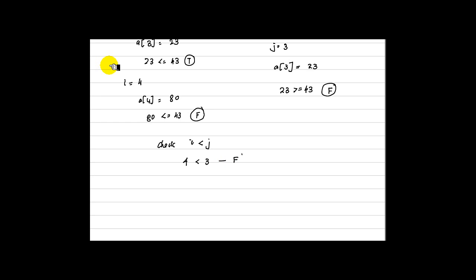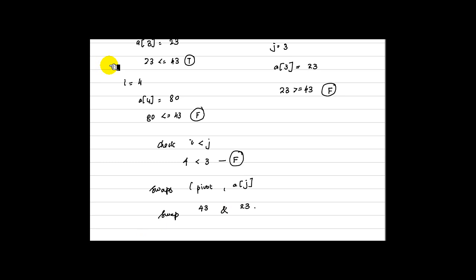The condition fails. When the condition fails, it swaps the pivot and A of j. Our pivot element is 43 and A of j is 23. So it swaps the places between 43 and 23.